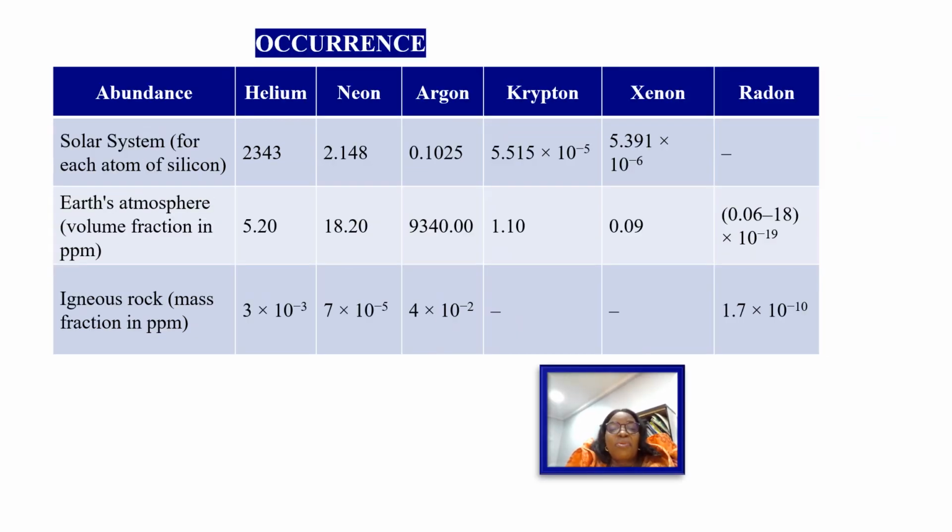How do they occur? We are told about their abundance in the solar system and in the Earth's atmosphere, and they can be found in igneous rocks. Helium is the second most abundant element after hydrogen in the universe. It is also the second lightest element after hydrogen.